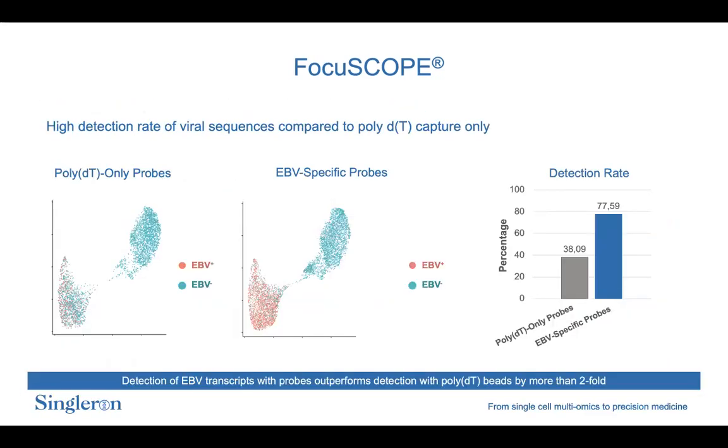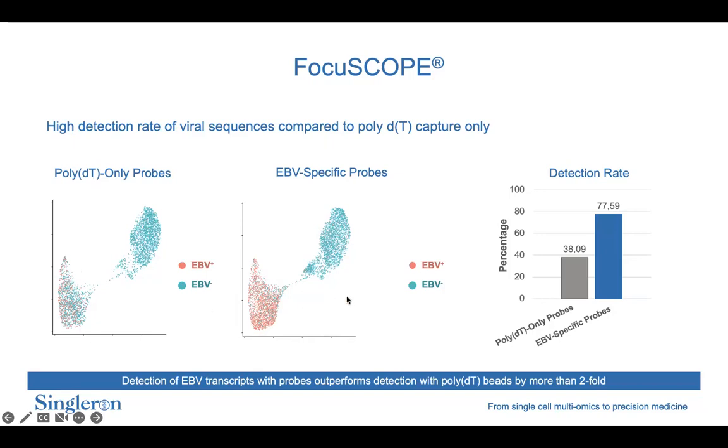This is an example of the advantage of the FocusScope that you get when you are trying to, for instance, detect the viral sequences. So in the left portion of the image, you can see that if you only use the poly-T probes to capture Epstein-Barr viral sequences, the number of cells in which you detected the virus, depicted here in red, is rather low.